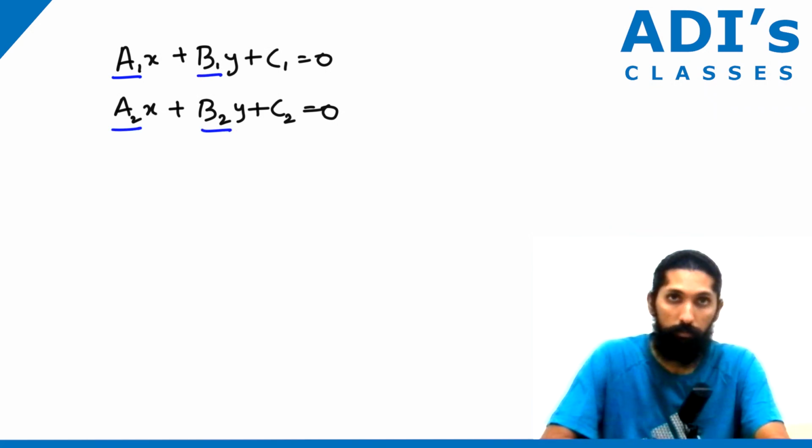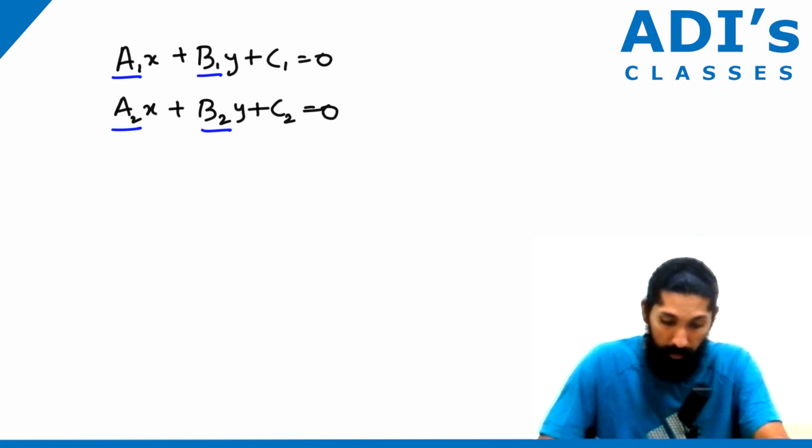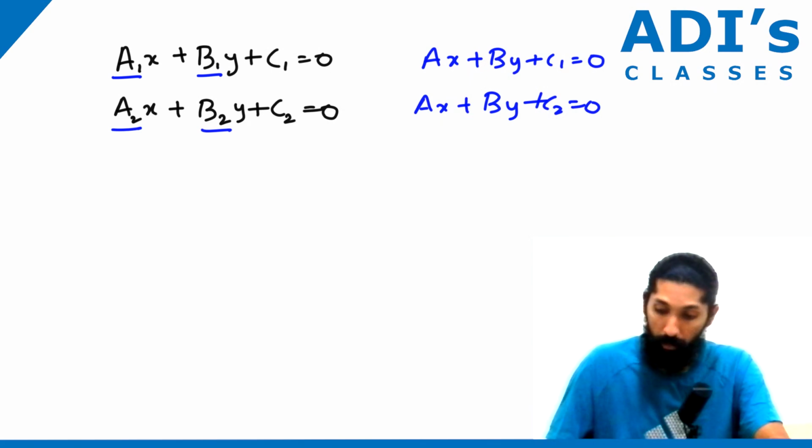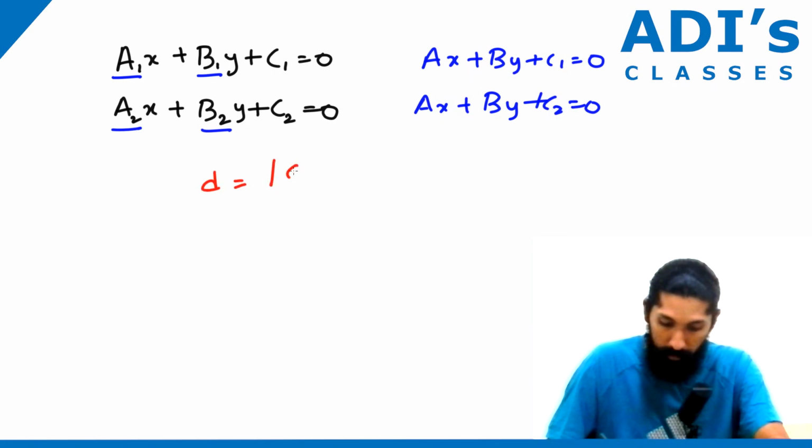In other words, you're going to have ax plus by plus c1 is equal to 0 and ax plus by plus c2 is equal to 0. These are two parallel lines. So the distance between them will be d is equal to mod of c1 minus c2 by root of a square plus b square.